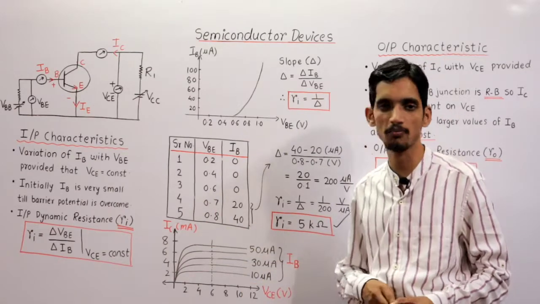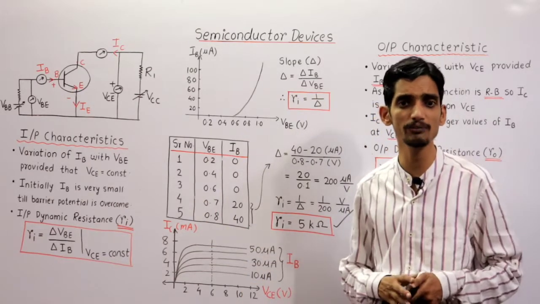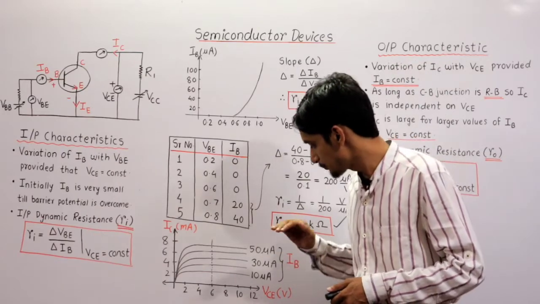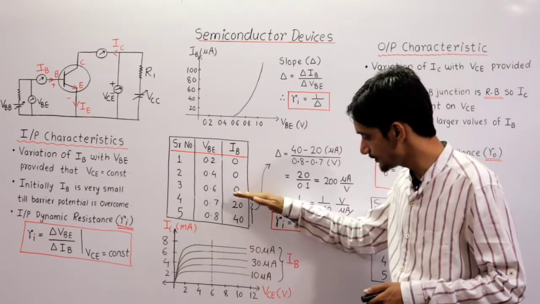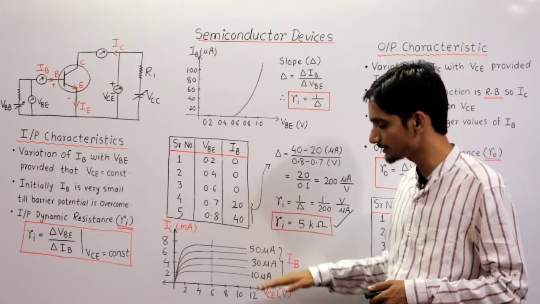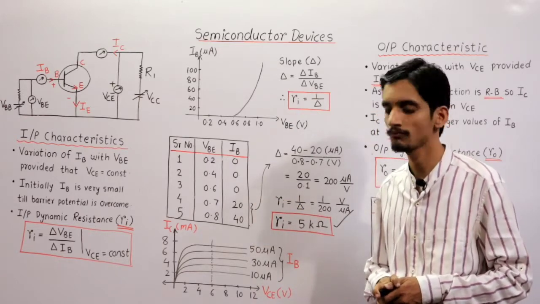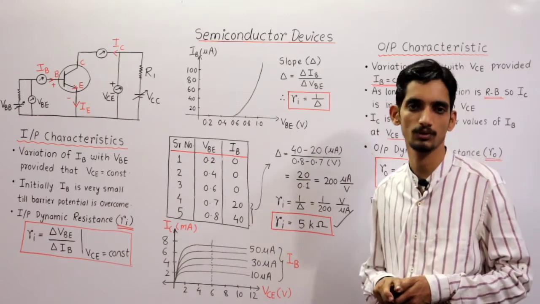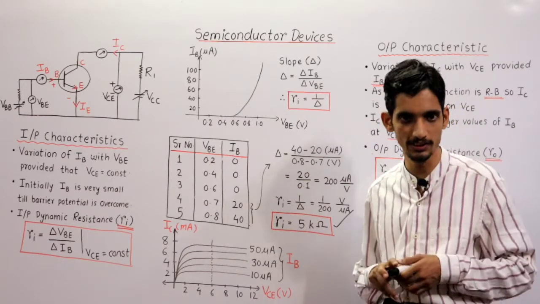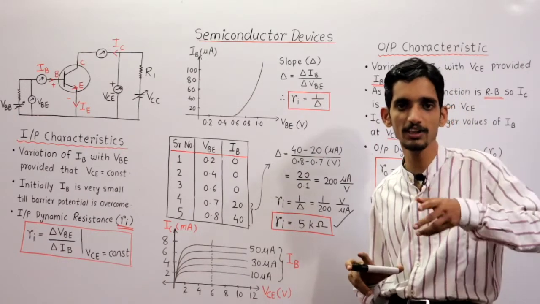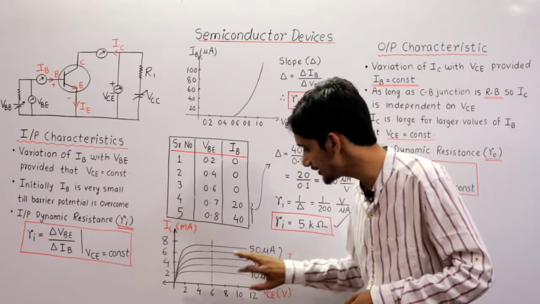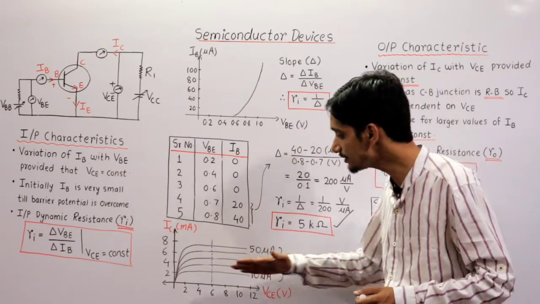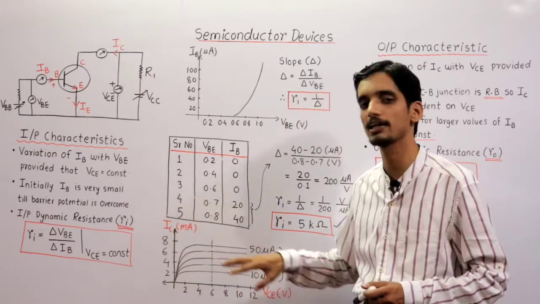If you observe this graph, what are you observing? Suppose these are the different horizontal lines for different base currents. As VCE increases, there is not a large amount of change in collector current.